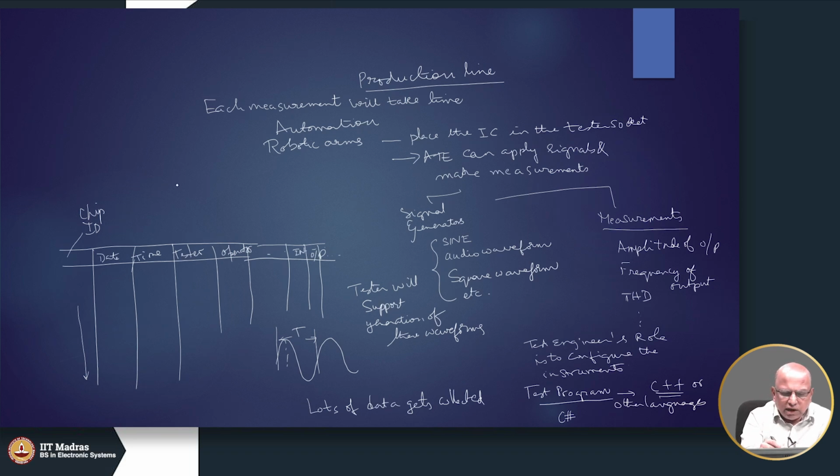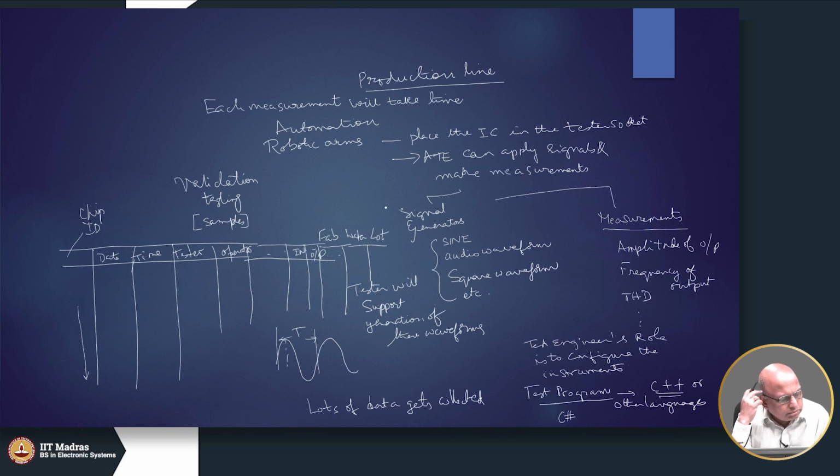If you are doing what is called validation testing, then you do it only for some samples. You would have got some samples from the factory, and you will do it for those samples, and you may record which factory it is from, which wafer it is from, which lot it is from.